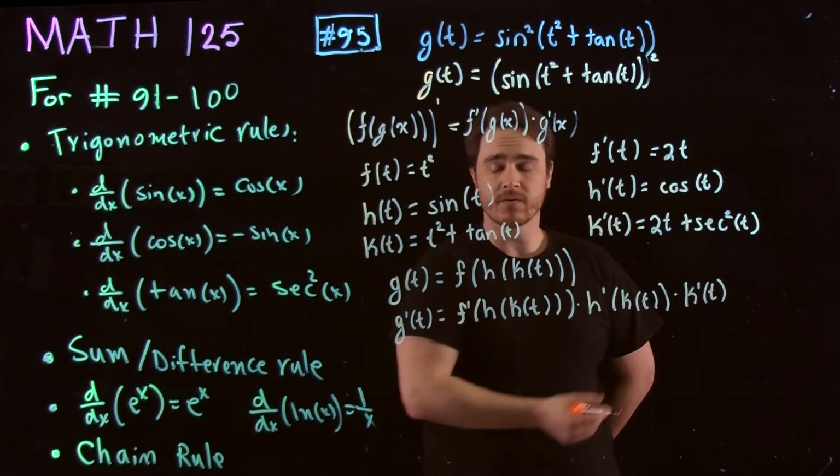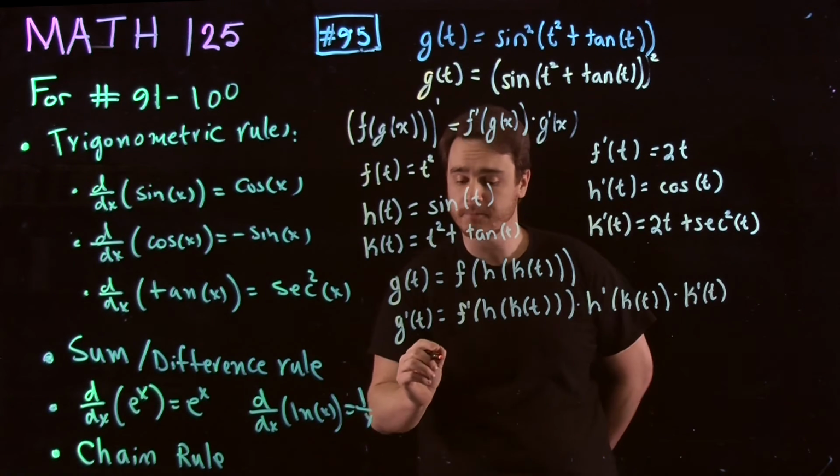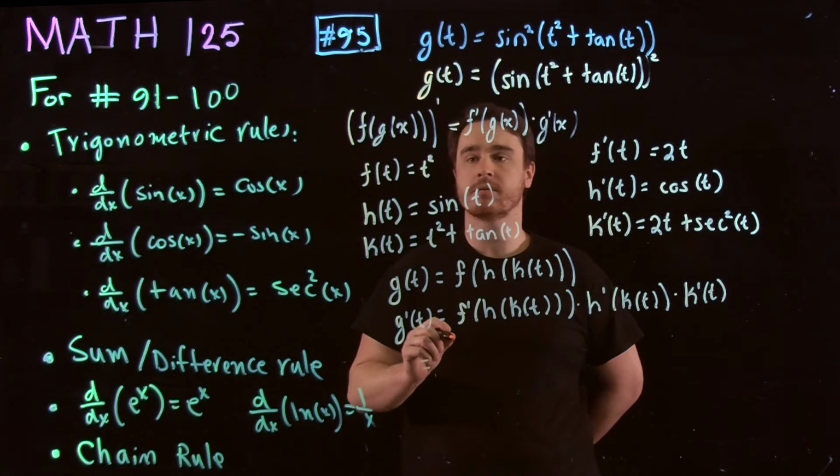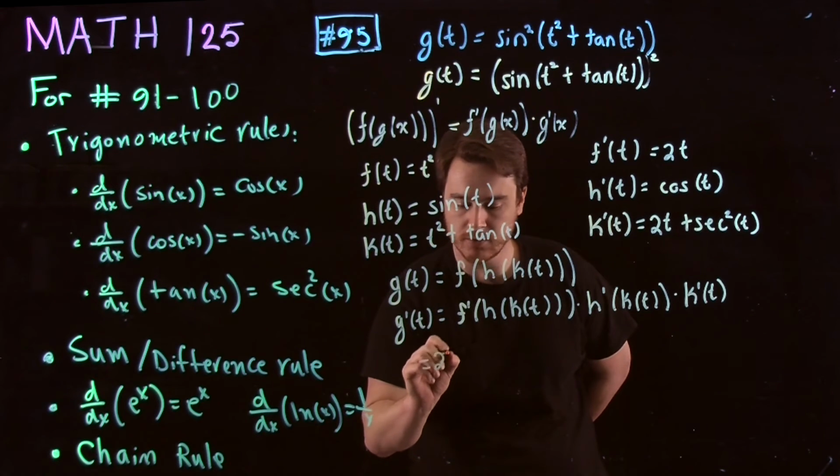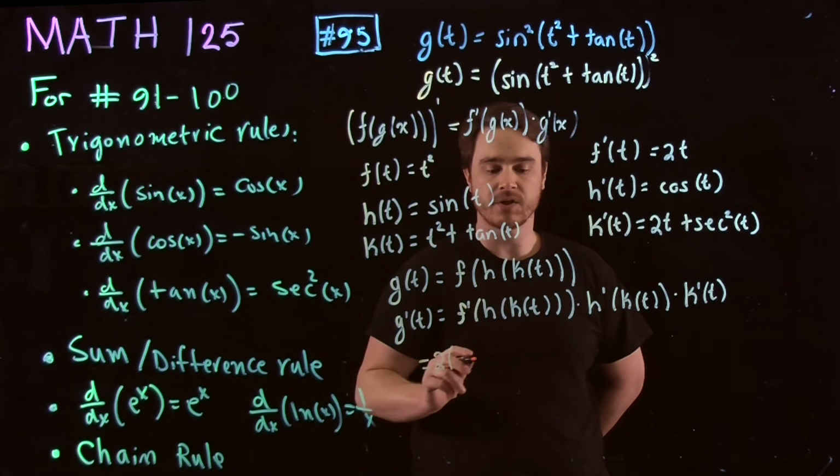Now if we had to, we could continue this process as deep as we needed to. But for us, we get to stop here. So 2 times h of k of t.